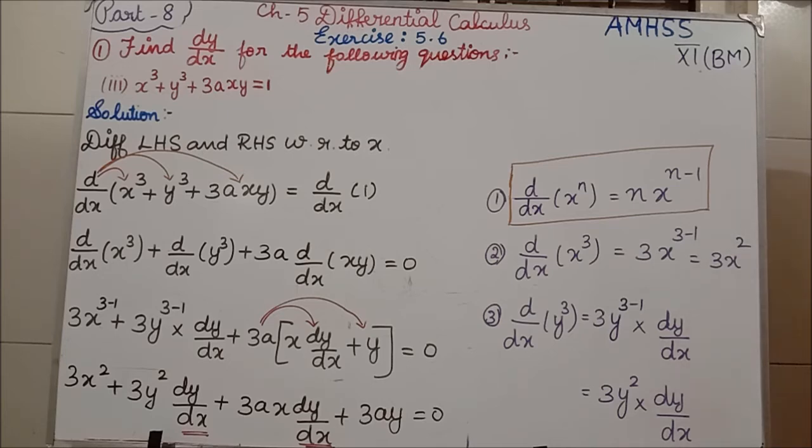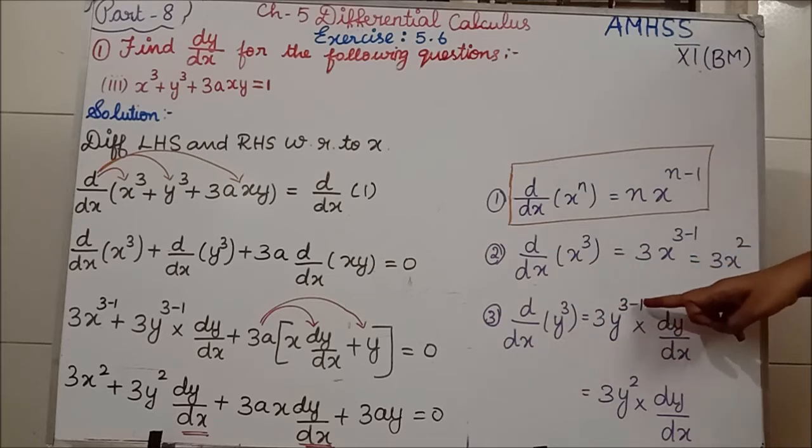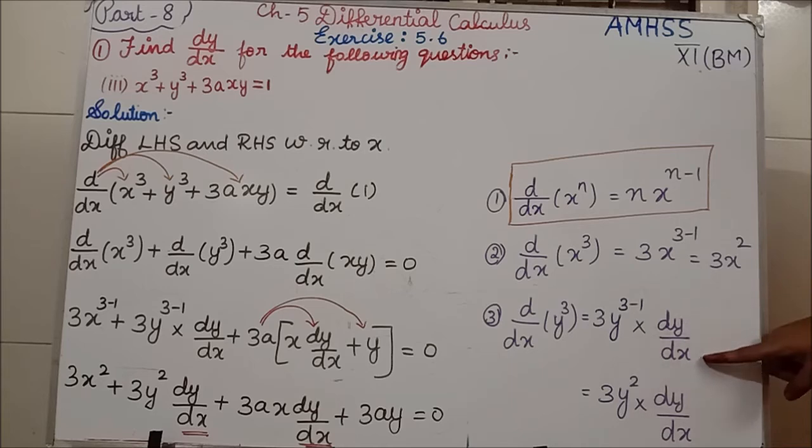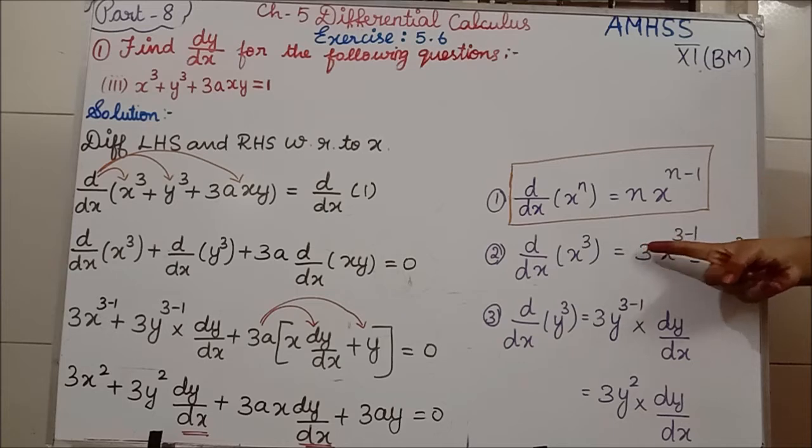Whenever you are differentiating a y term, you have to write dy by dx at the end. I told this when teaching the introduction of this exercise 5.6. So I am writing dy by dx. You need not write it for x. This is the answer.